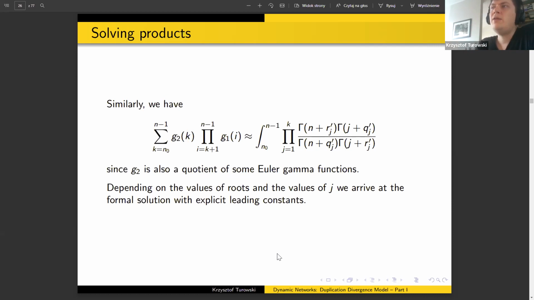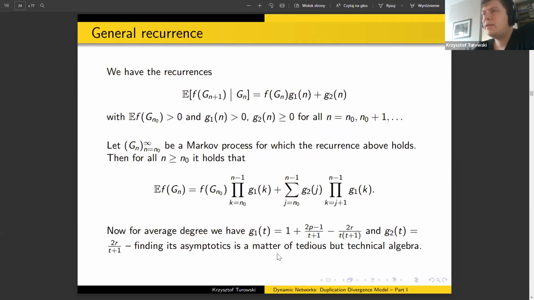And in particular, since we know that, for example, G1 can be presented as a quotient of two polynomials, one would be something like t squared plus (2p minus 1) times t minus 2r or something like that.